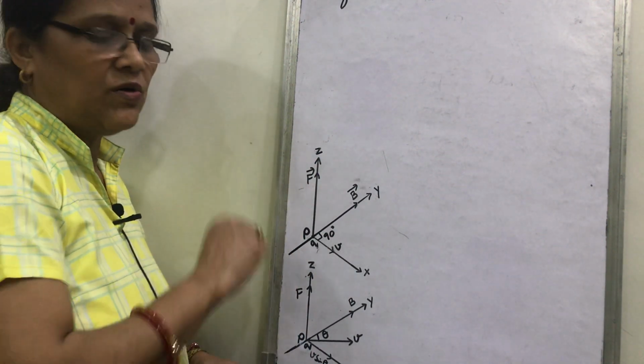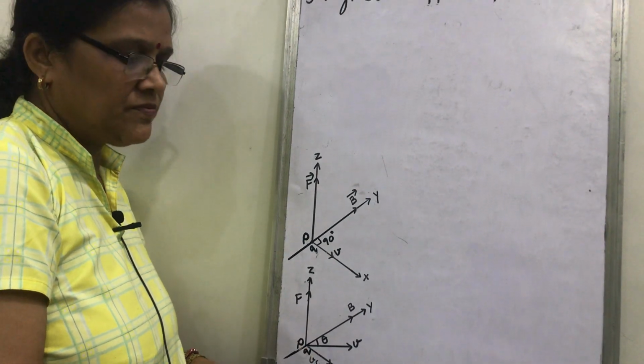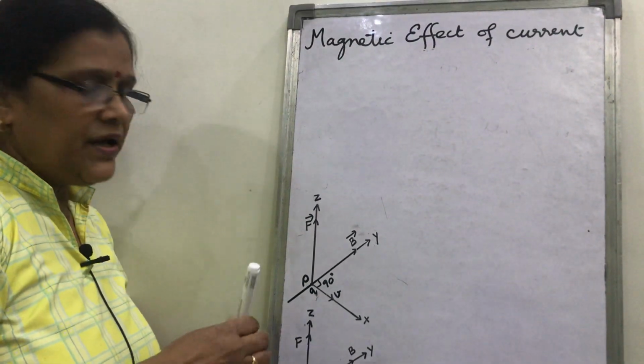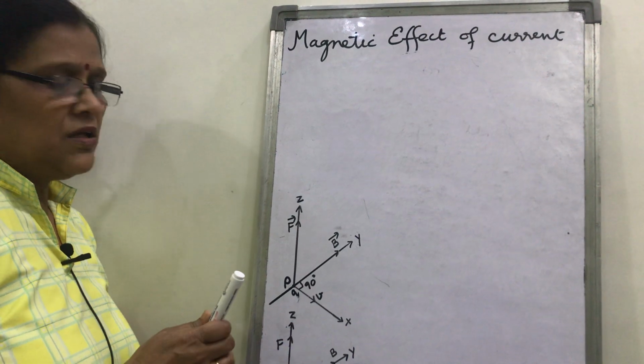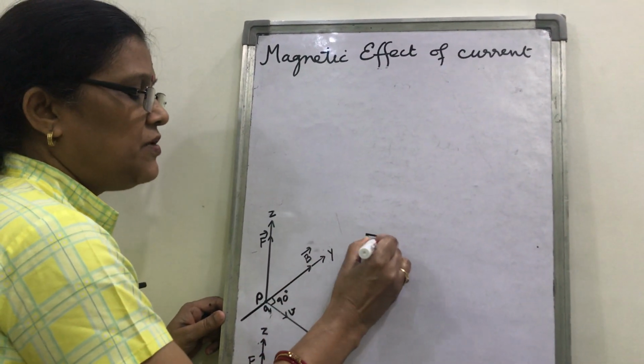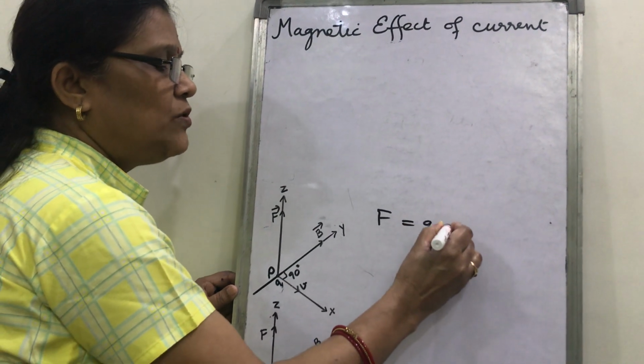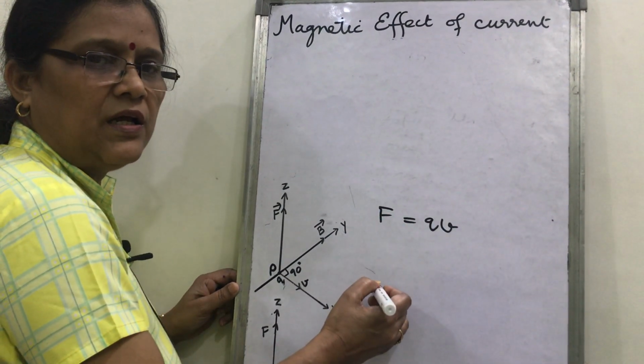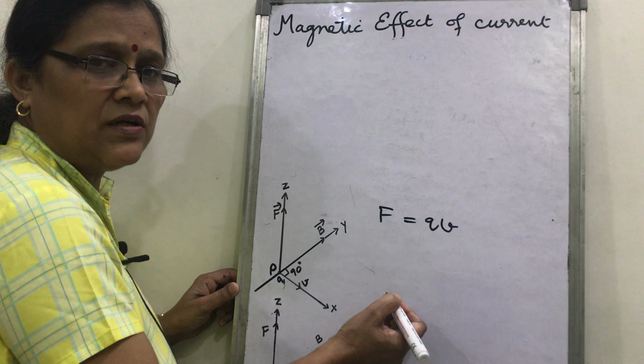This force is called the Lorentz force. So how will you define it? The Lorentz force is defined as the force experienced by a charged particle moving in a magnetic field.